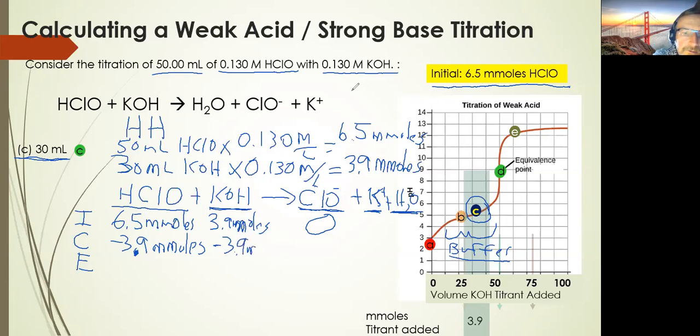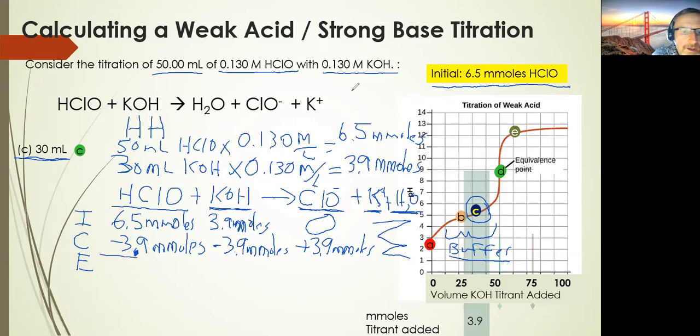Strong bases react completely with acids, strong or weak acids. That's going to be minus 3.9. And our ClO minus now is going to increase by plus 3.9 millimoles. And we're going to disregard for this example the potassium and the water, which are not contributing to the hydronium ion concentration.